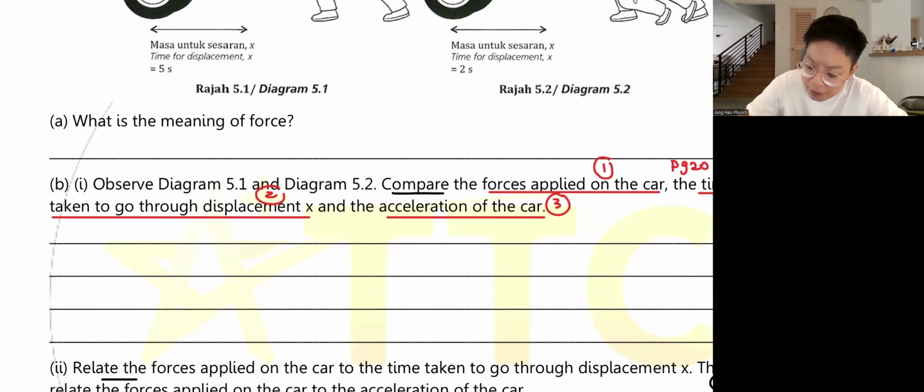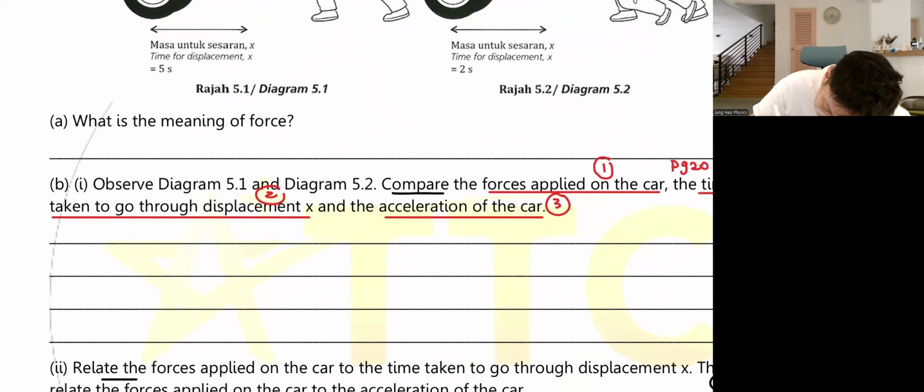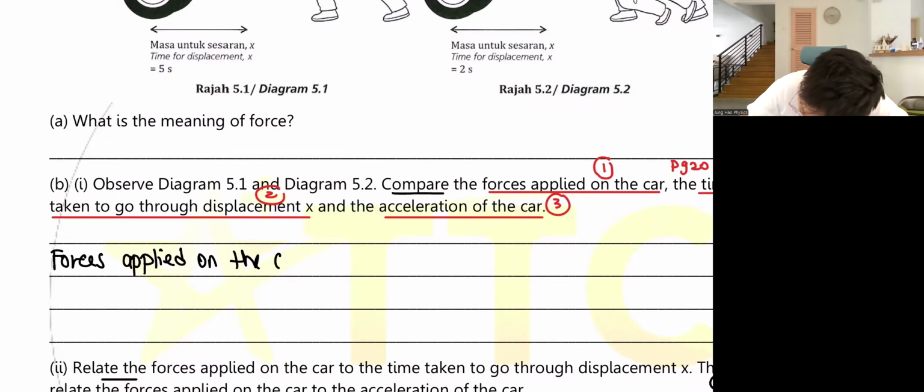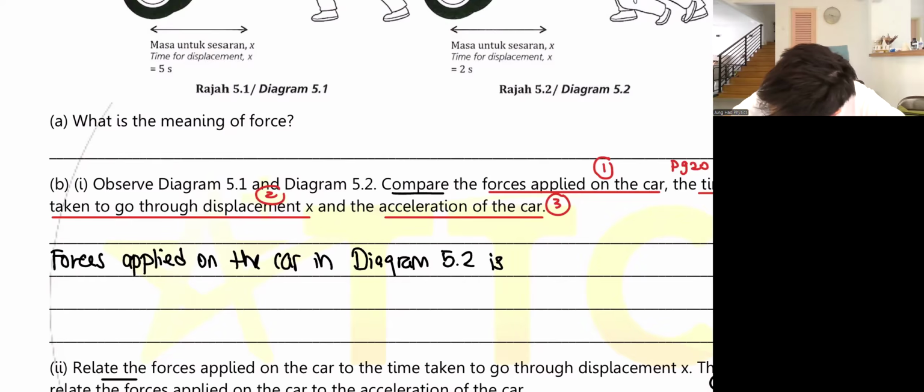Everybody says, teacher, obviously. Okay, sorry, you chill a bit. So we can say that the forces applied on the car in diagram 5.2 is higher.